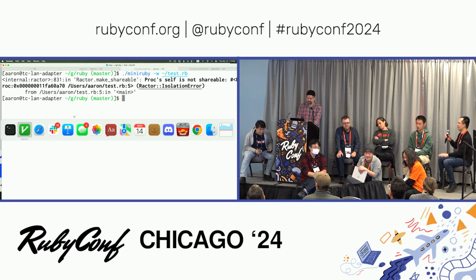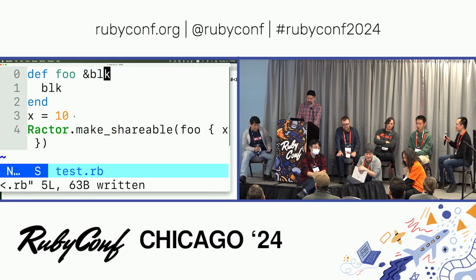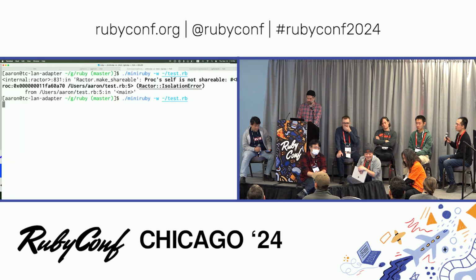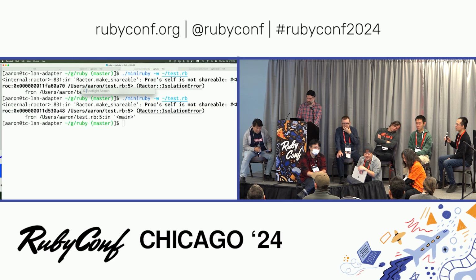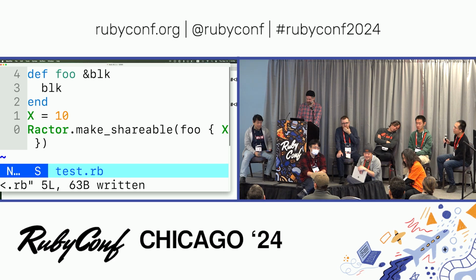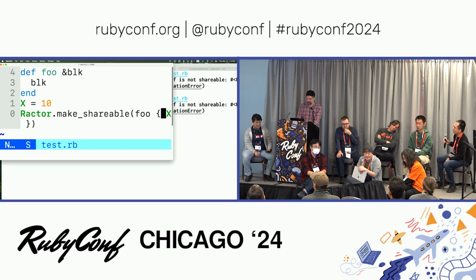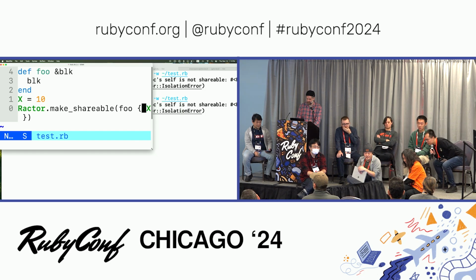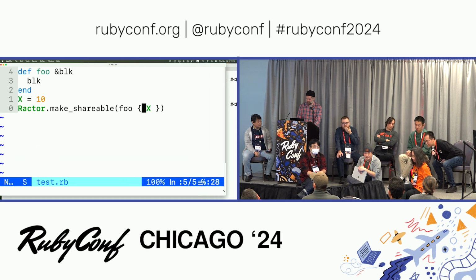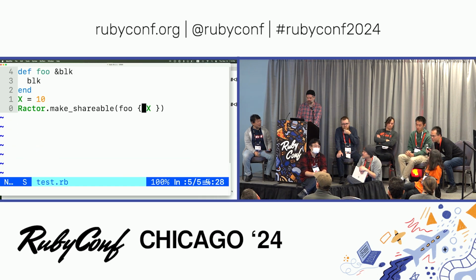Okay. But if you change the x to be a constant, it should work. But it does not. Let's make this smaller. Oh, yeah. It complains about the self.